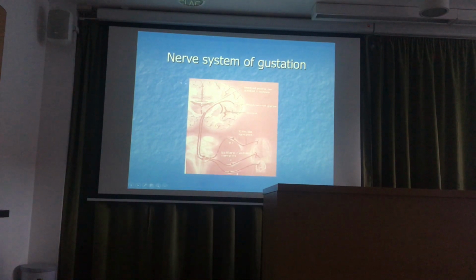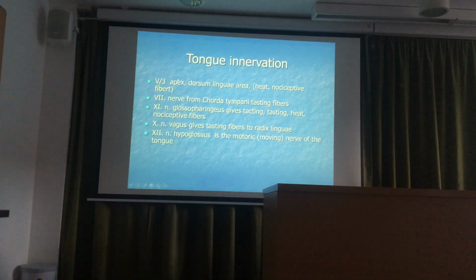And this is the nerve system of gustation. So the fifth nerve gives heat and nociceptive fibers to the dorsal lingual area. The chorda tympani, from the number 7 nerve, brings tasting fibers to the tongue.